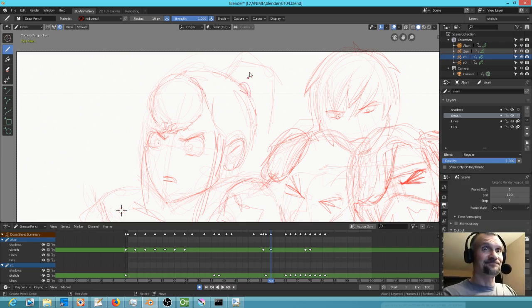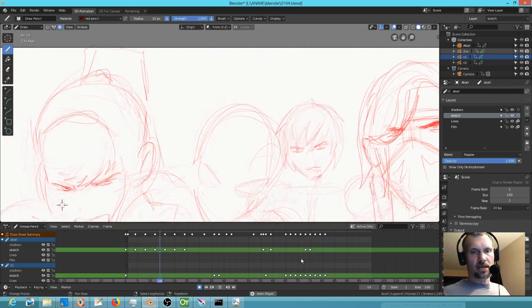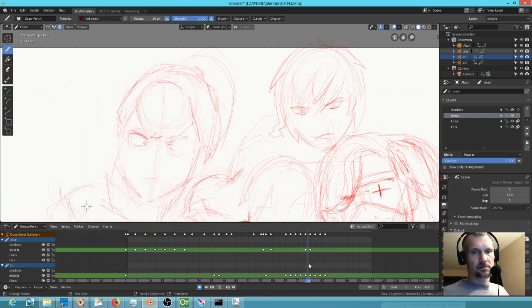So it is a balance. I mean, if you were doing this in OpenToonz, you'd probably put each character on their own separate level, right? Well, it's generally good practice. I kind of feel like I botched that. Oh man, that's not what I meant to do.